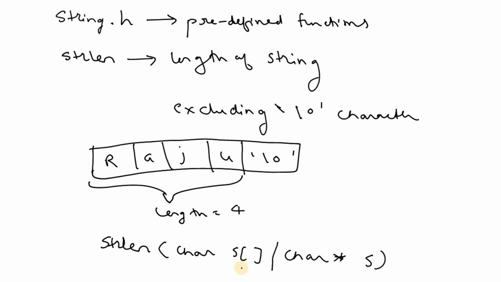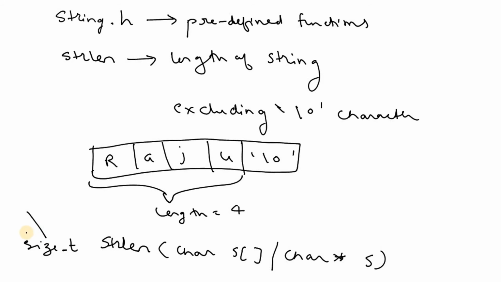And what is the output? The output is a return type, and the return type is size_t. What is size_t? It is a data type.